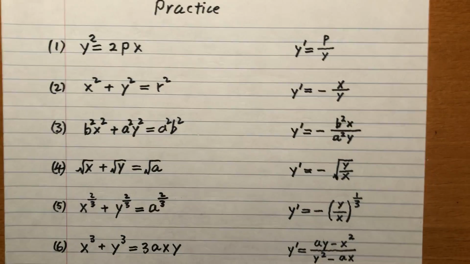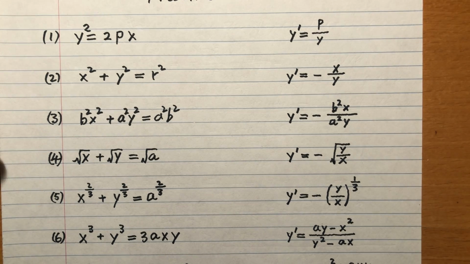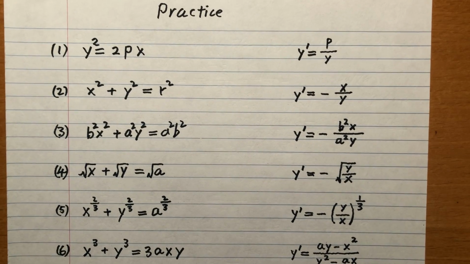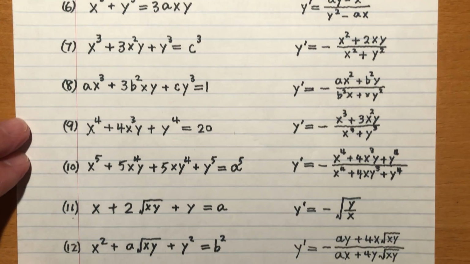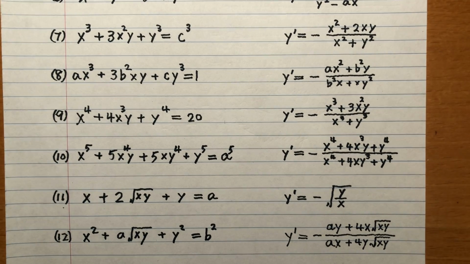So I give you 6 here, 1, 2, 3, 4, 5, 6. And then I move the paper so I can let you see from 7 to 12. So you need to copy these down and practice and check your answer against the answer I gave you. Yeah, you can pause your video and copy this down.